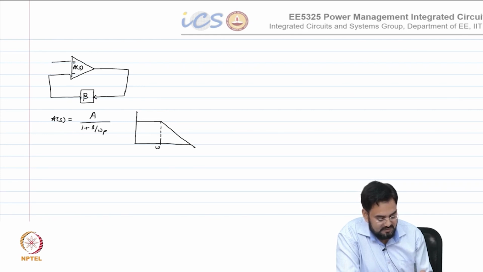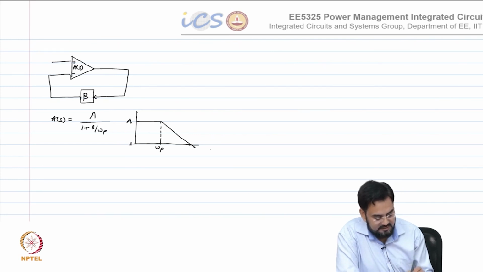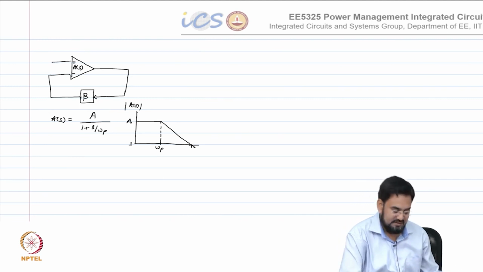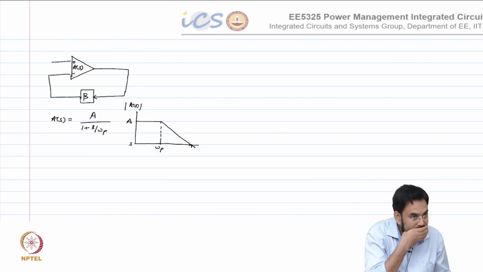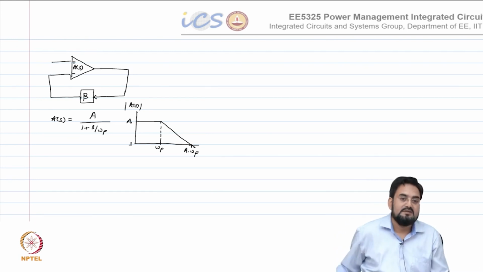This is your omega p, this is your A, and if this gain is unity, what is the frequency at unity gain? A into omega p.